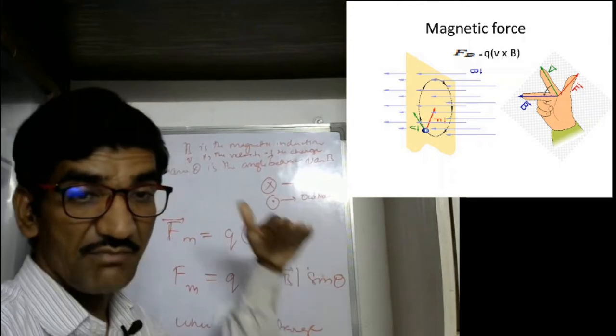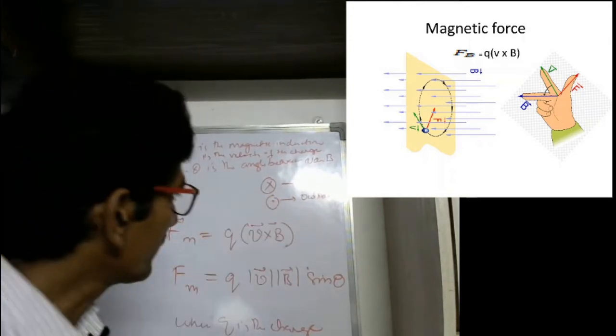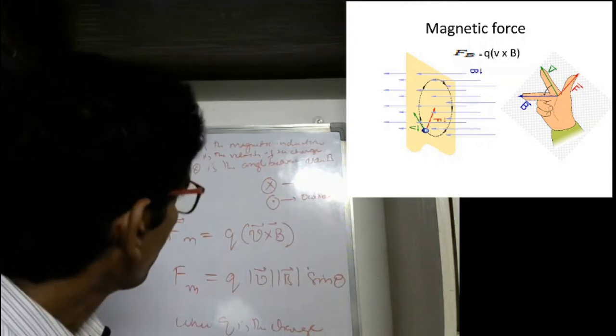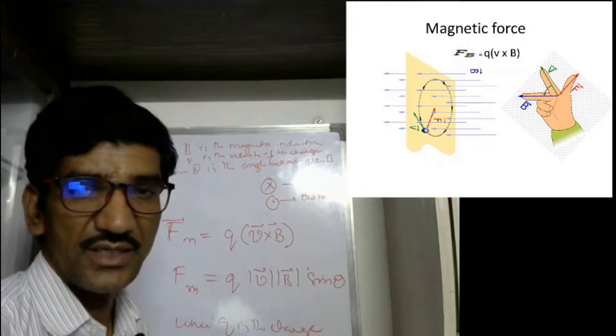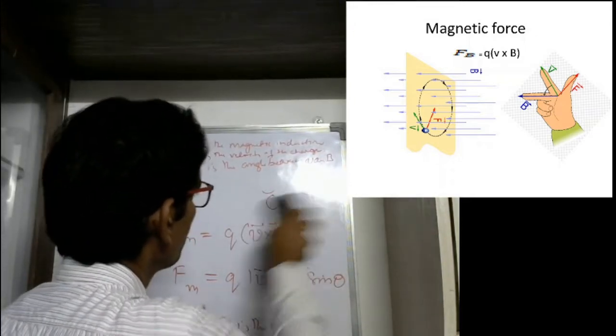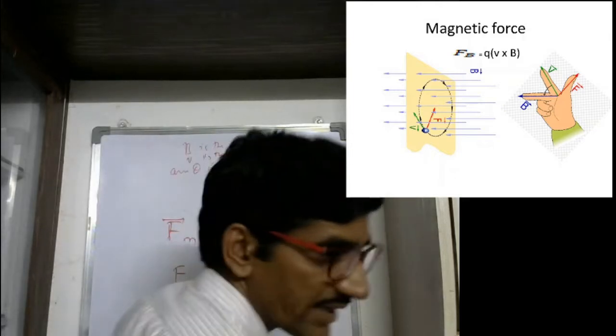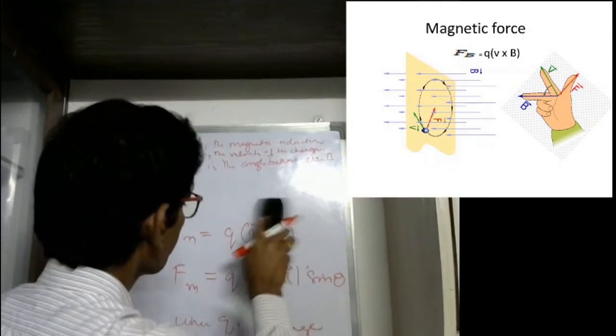That means the magnetic field is perpendicular to the board and coming out of the board. This is the notation we use for showing the direction of the magnetic field.